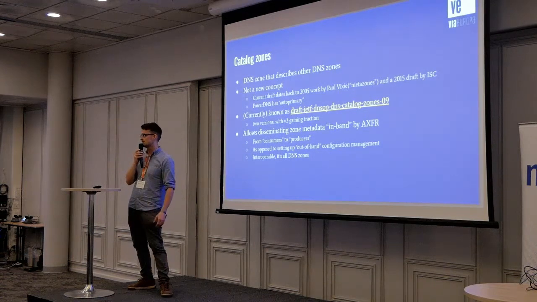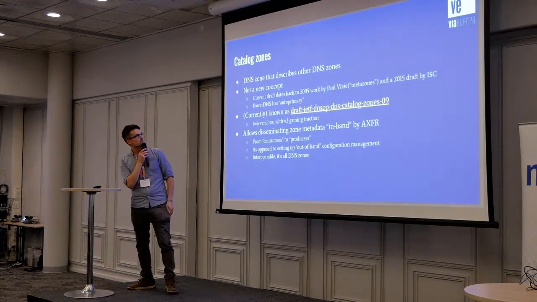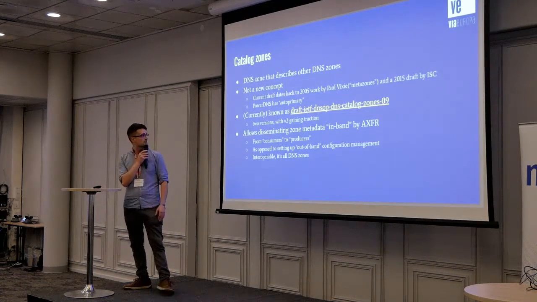So you might have Ansible or some other automation to make sure that all the secondaries have the correct zones. And this is kind of the problem that catalog zones solve. So instead of having automation, you have a zone describing other zones.